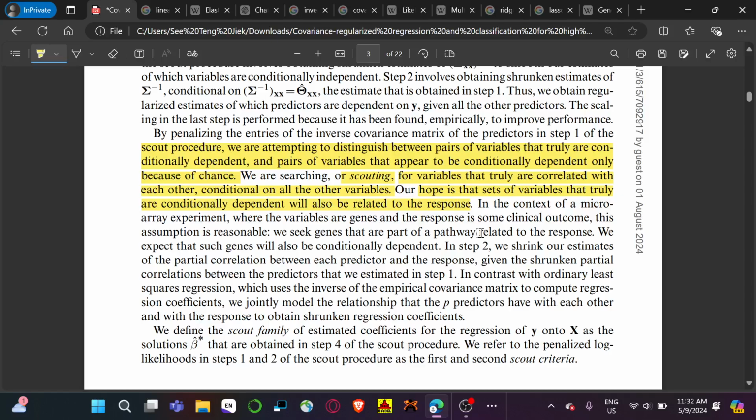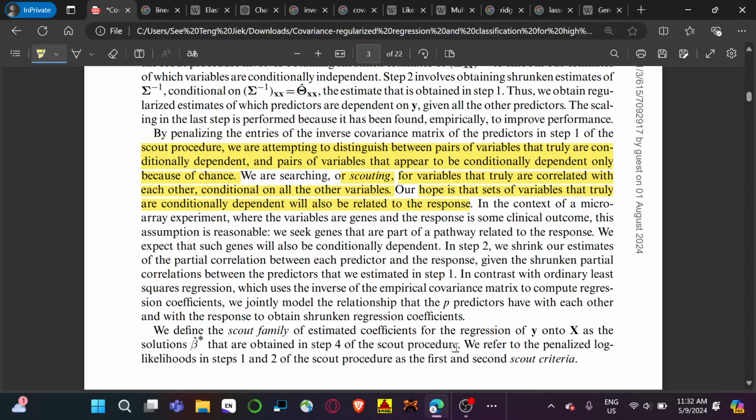In the context of microarray experiments, we are talking about real world cases where the variables are the genes and the response is some clinical outcome. The assumption is that they want to look for genes that are part of the pathway related to the response, and expect that such genes will be conditionally dependent.